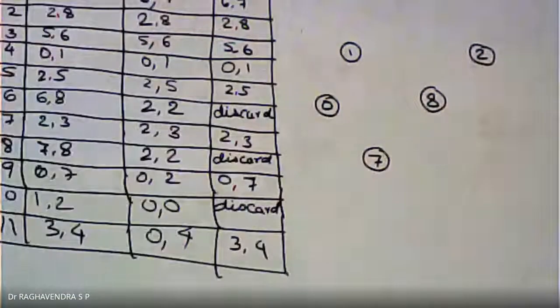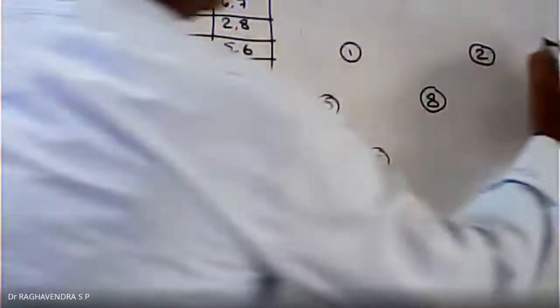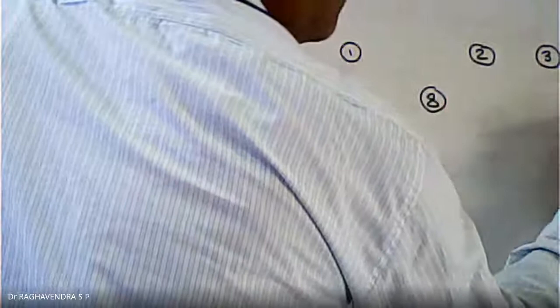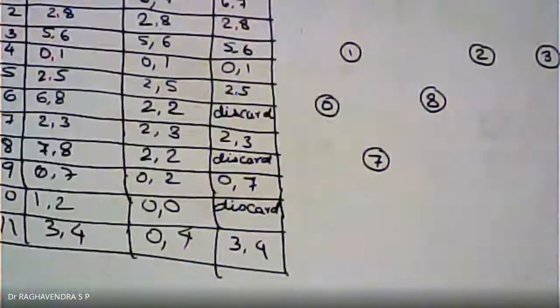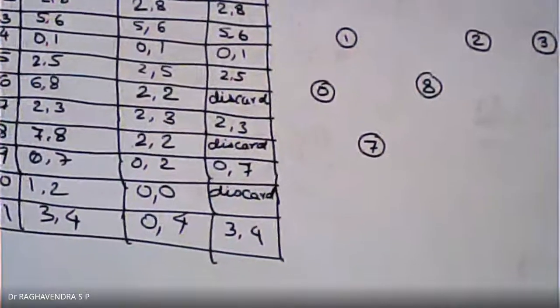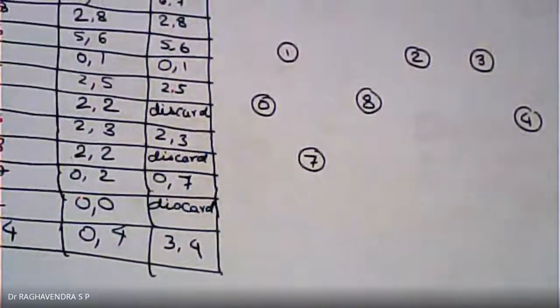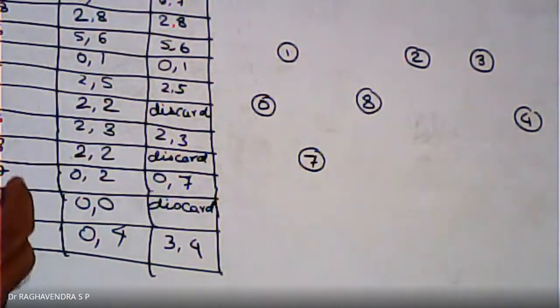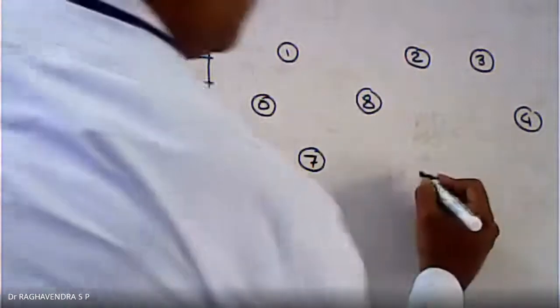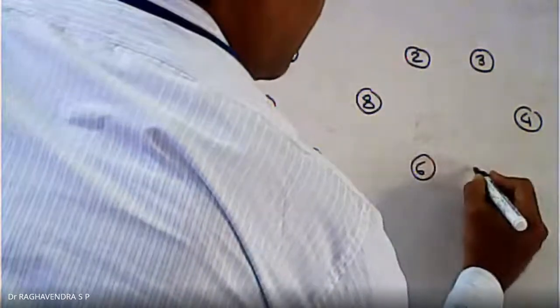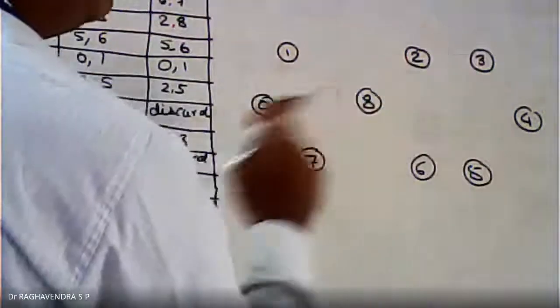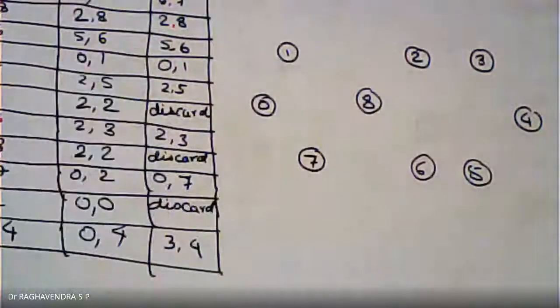Then 3 and 4 we have. Then we have 6 and 5. So 3 plus 3, totally 9 vertices. This is the forest.